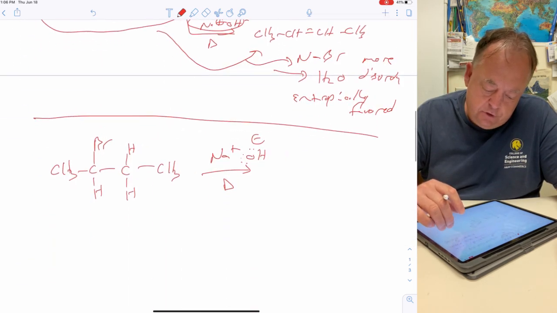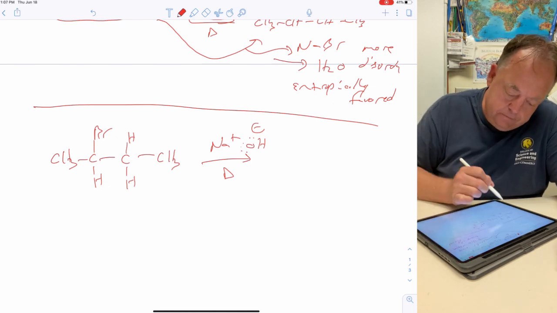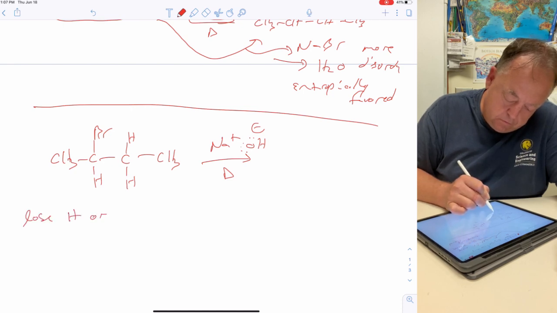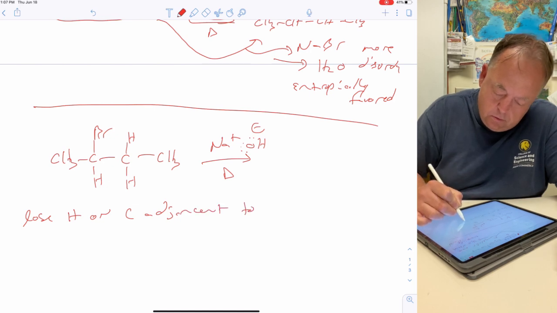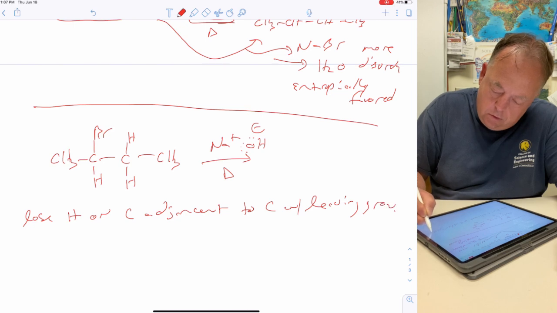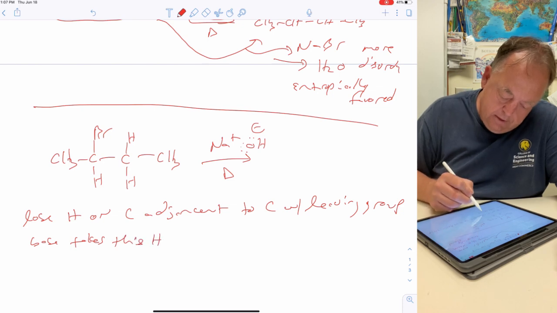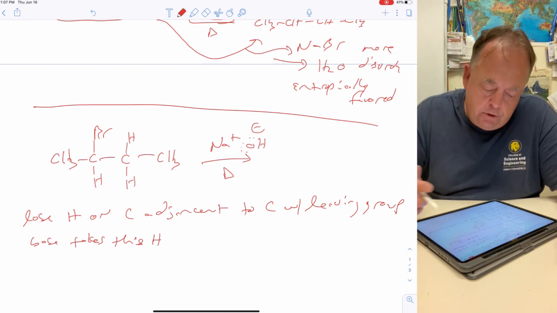Okay, so in terms of predicting the product of an E2, you're basically going to lose a hydrogen on a carbon adjacent to the carbon with the leaving group.